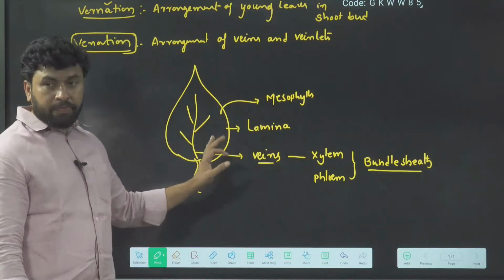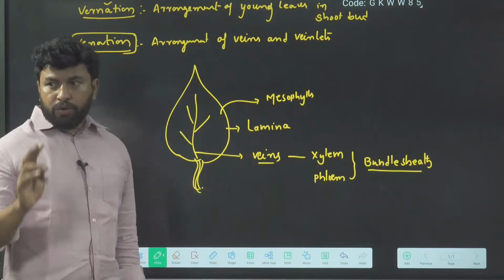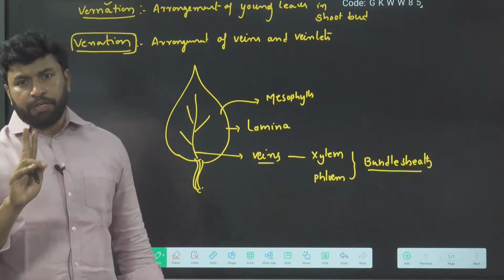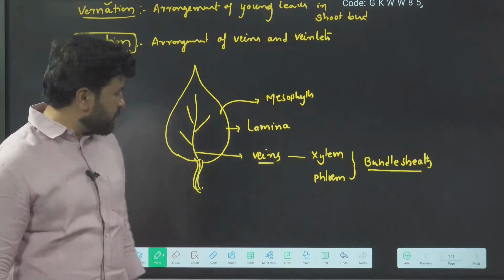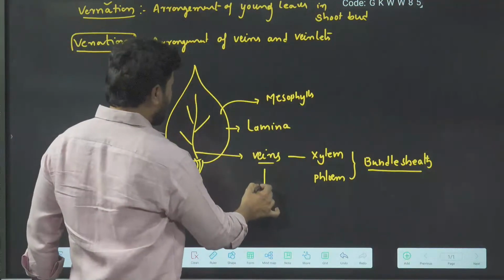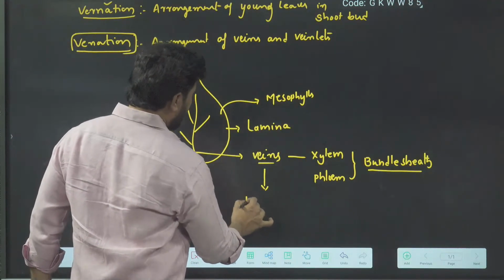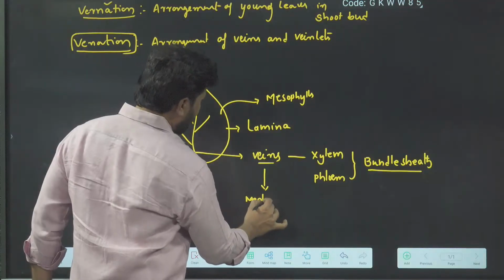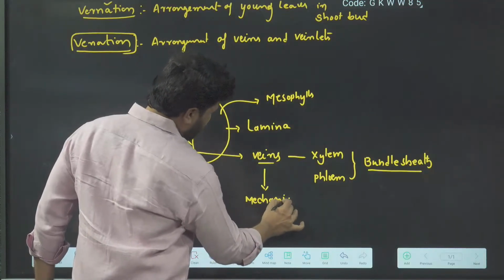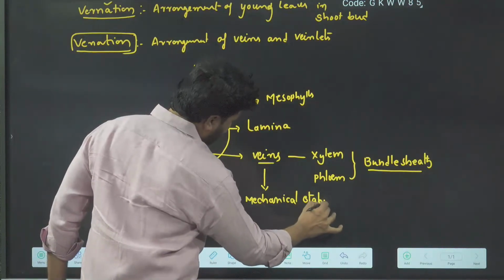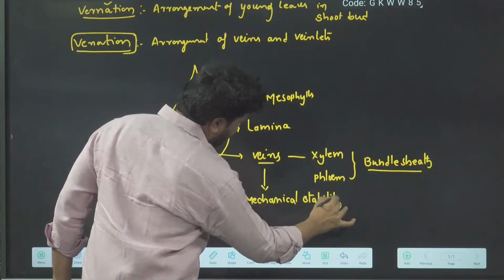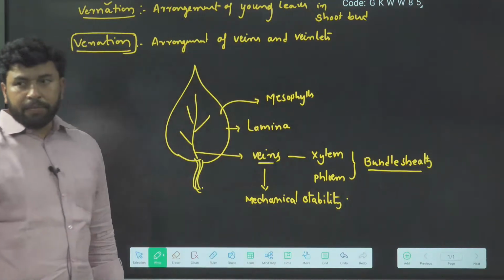These veins are providing two advantages to a leaf. One advantage, veins are responsible for providing mechanical stability to the leaf. Why are you talking about mechanical stability?